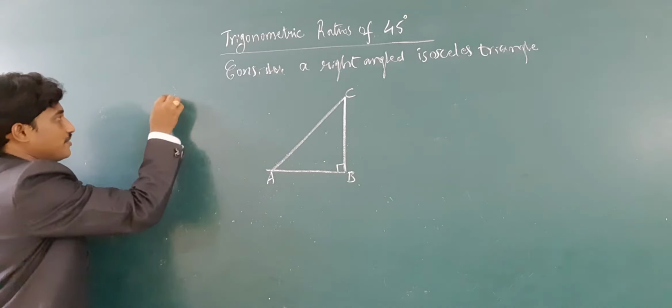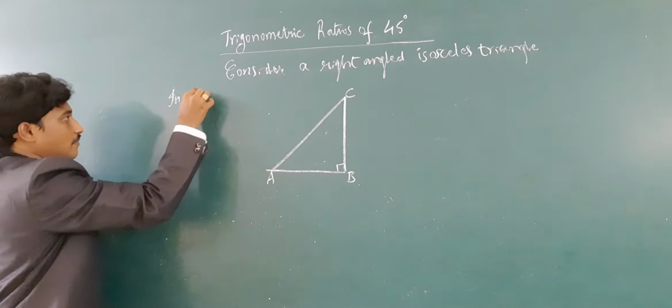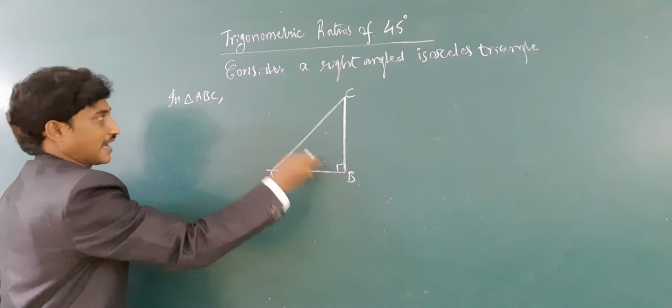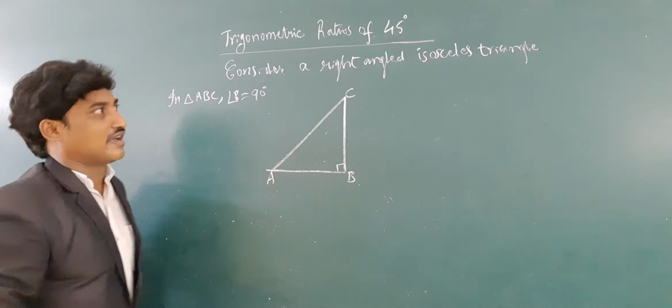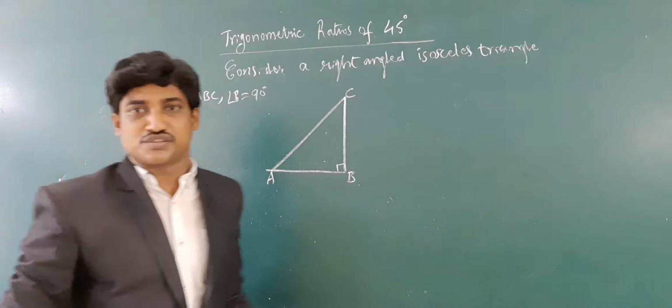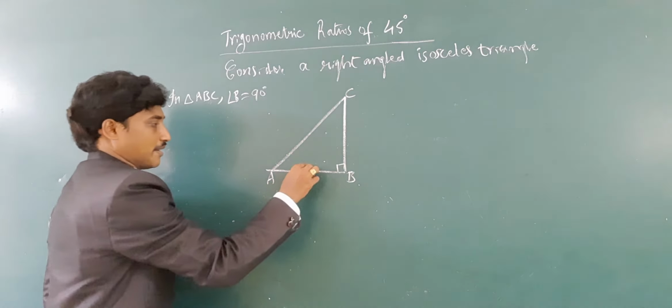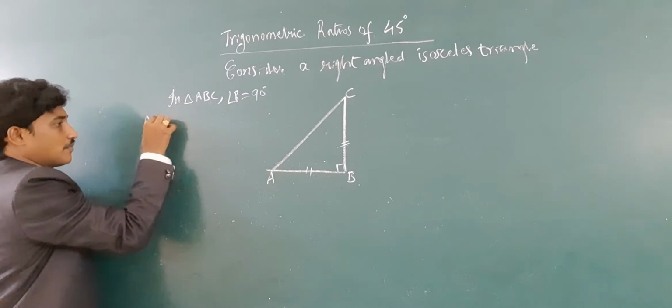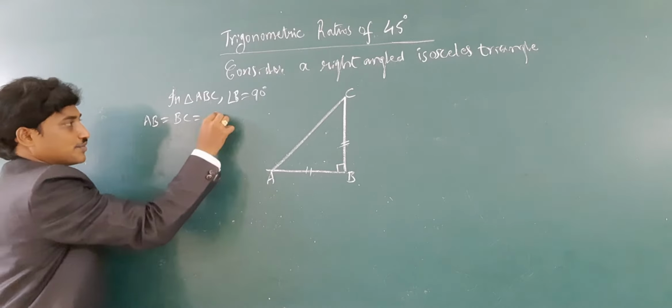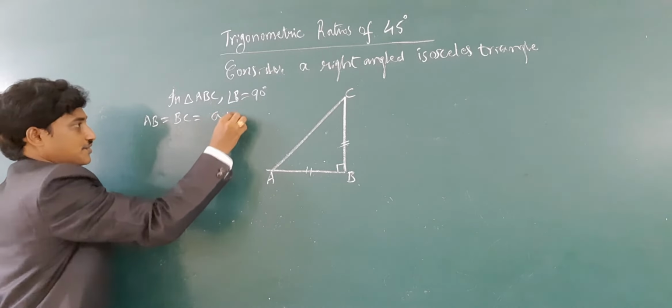In triangle ABC, I am taking angle B as 90 degree, and as it is a right angle isosceles triangle, two sides are equal. AB is equal to BC, say A units.